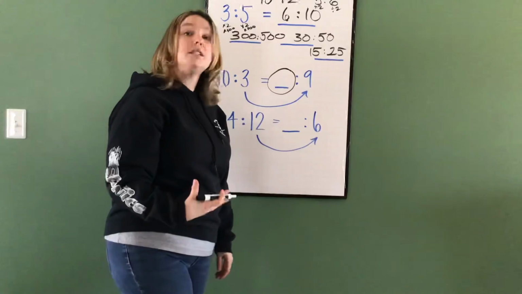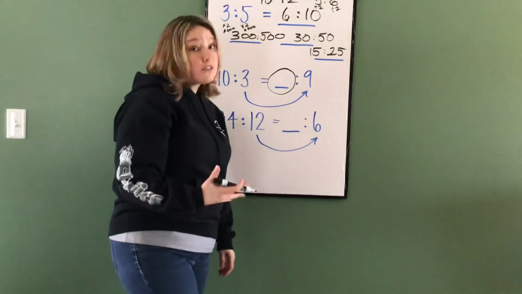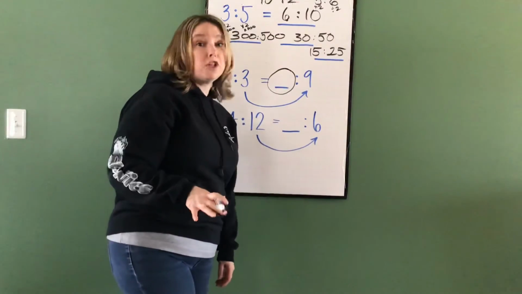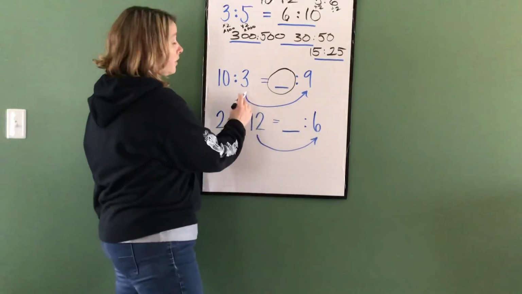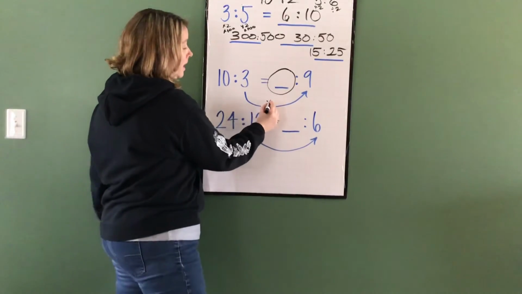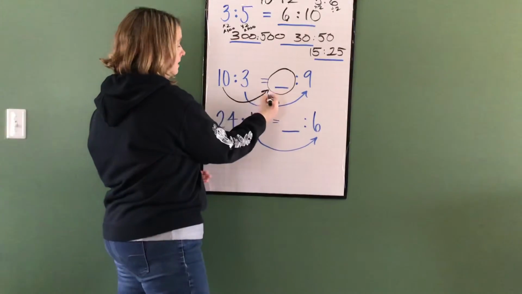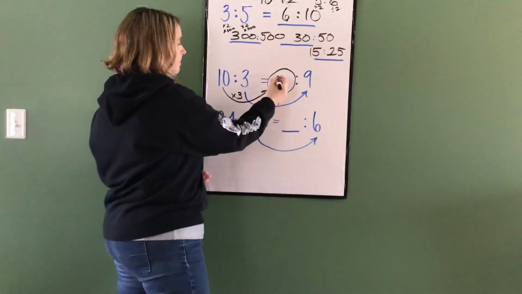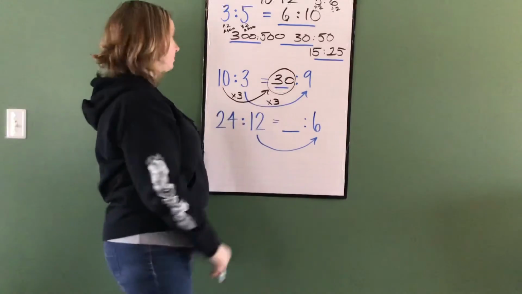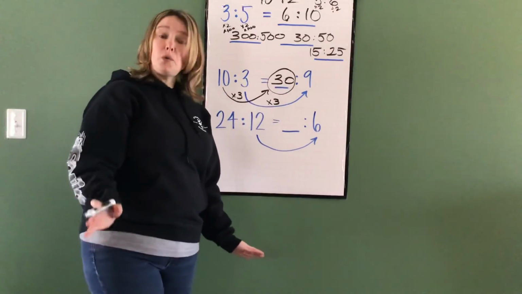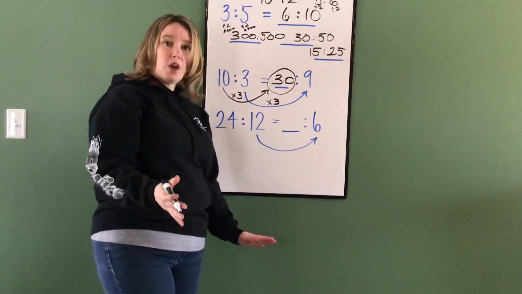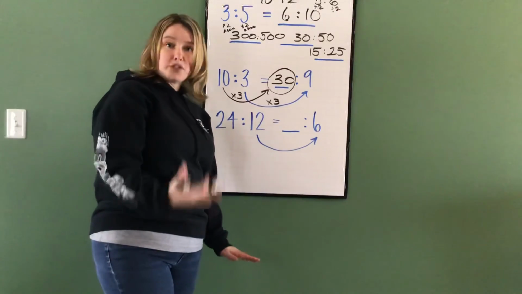We've done these types of questions before, so just think of them as sideways fractions and you're going to be just fine. So for the 3 to the 9, we multiplied this by 3, which means I have to do the same to the 10 to get my next term. So really you're just doing the same to one term that you're doing to the other term.